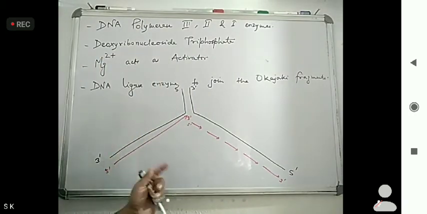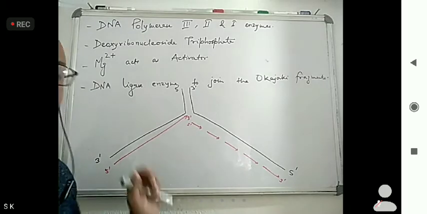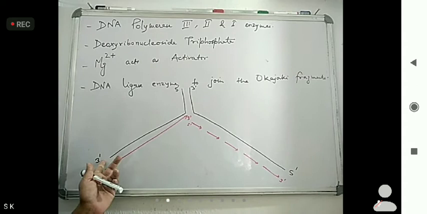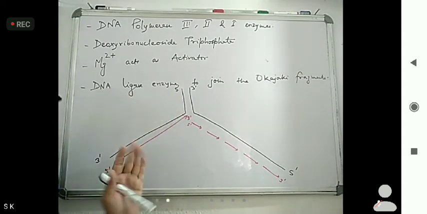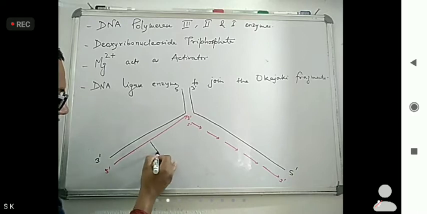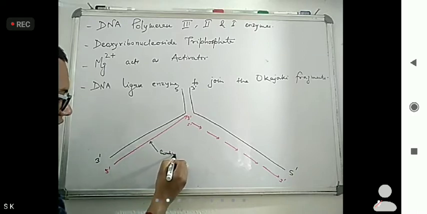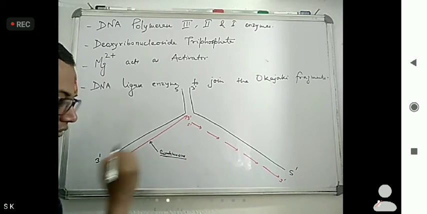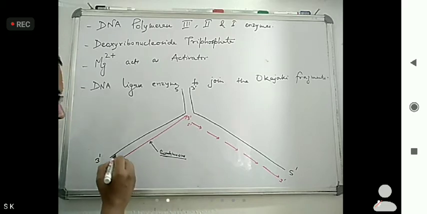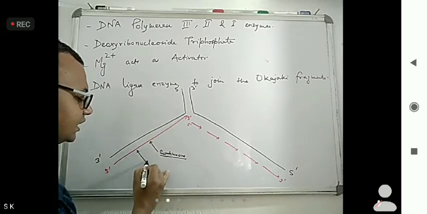Formation always starts from 5 prime to 3 prime, but on the template 3 prime to 5 prime. Here we see that formation occurs continuously, and since it is forming continuously, this strand is known as the leading strand.